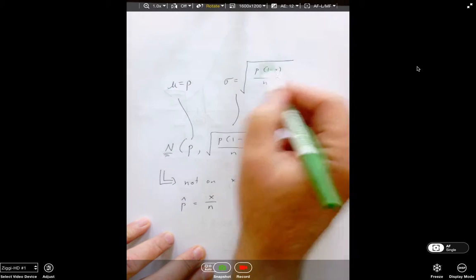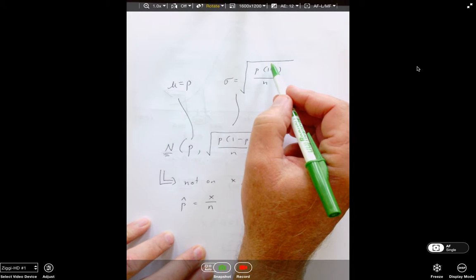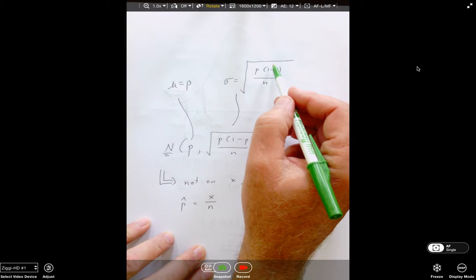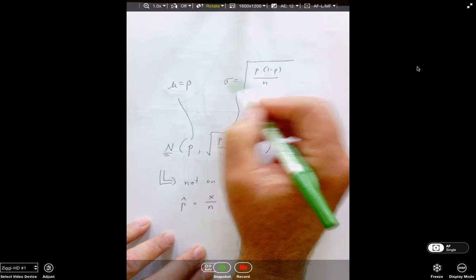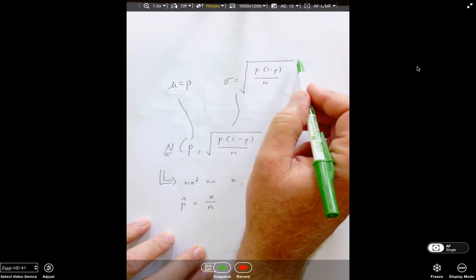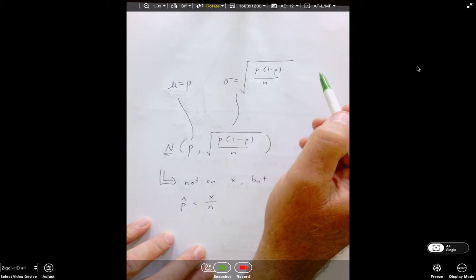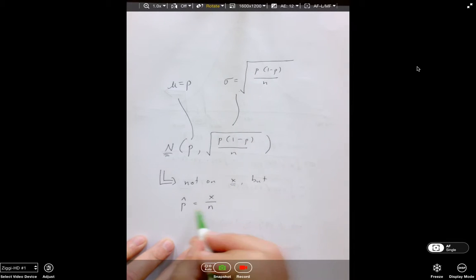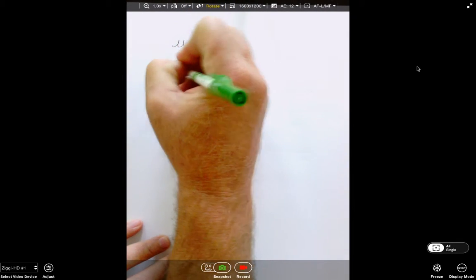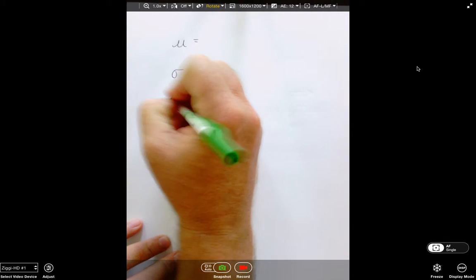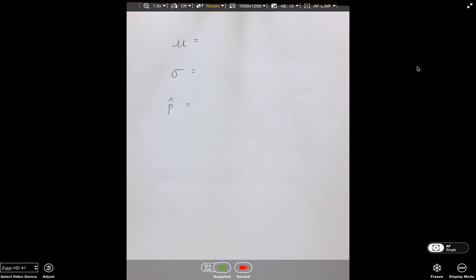Notice every bit of this is under the square root. Not like some other stuff that we'll run into. This whole expression is affected by the square root. Focus isn't on x, but on p hat. So we need essentially 3 things. We need mu, we need sigma, and we need p hat.